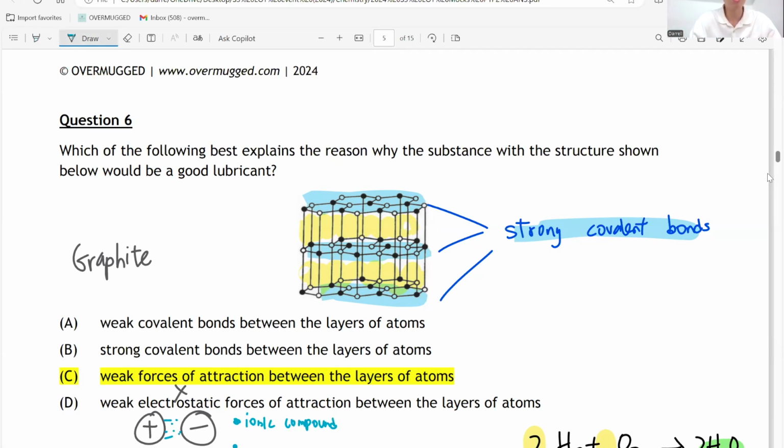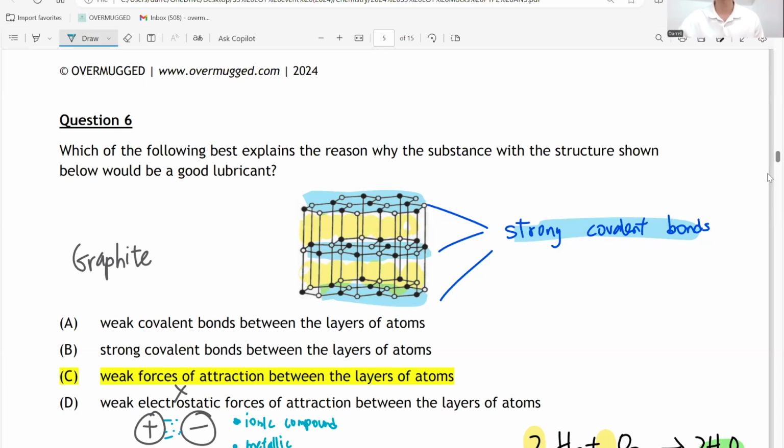The other one where we bring in electrostatic is metallic, between your metal lattice and your sea of delocalized electrons. So electrostatic must involve charges. That's why even though the framing is very similar, it is wrong, because between the layers here, there are no charges. So we consider it just forces of attraction. But that's a good question, so thanks for asking.